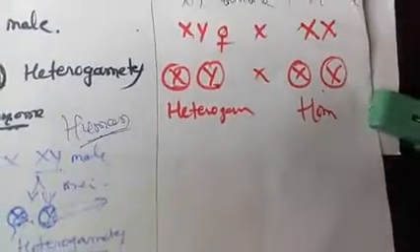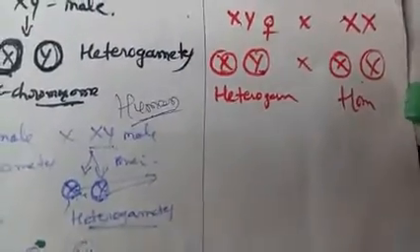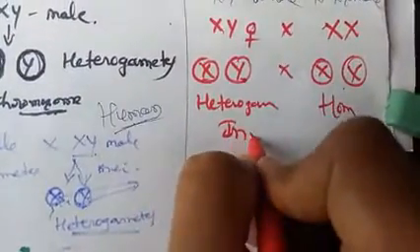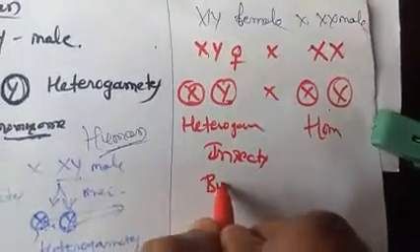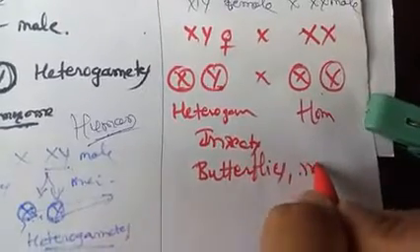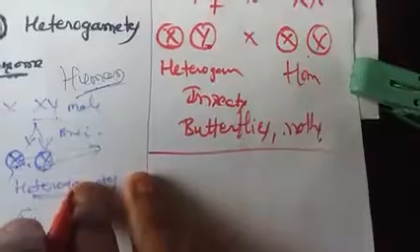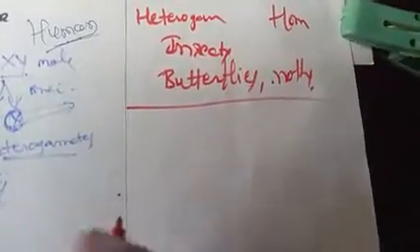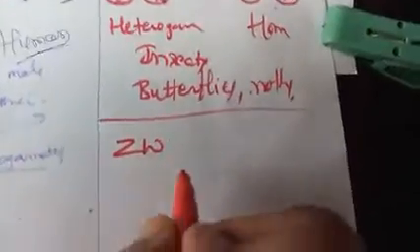So female heterogamety, male homogamety can be seen in insects, especially butterflies and moths.